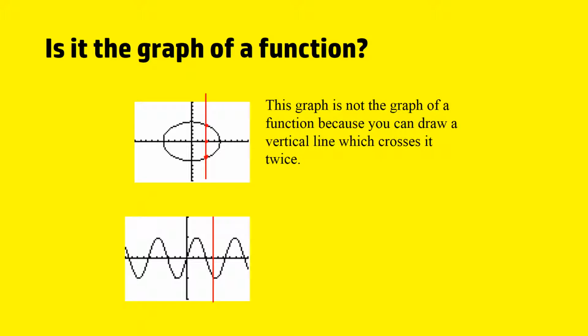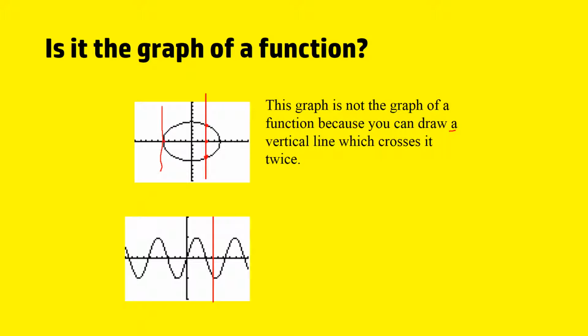To say that there's an x value for which there are 2 different y values is to say that you can draw a vertical line which intersects the curve twice. It only takes one. It doesn't matter that you could draw a vertical line which intersects one.